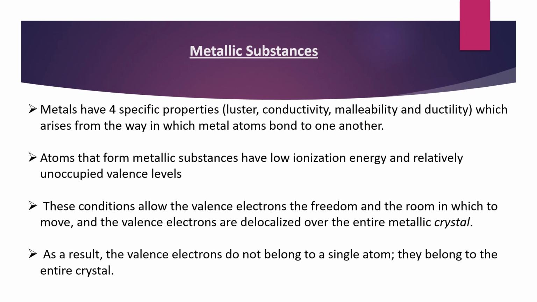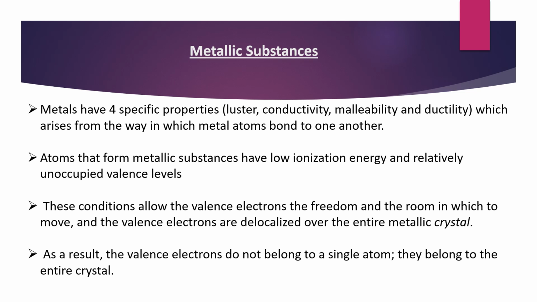Metallic substances. Metals have 4 specific properties: luster, which means shine, conductivity, malleability, and ductility, which arise from the way in which metal atoms bond to one another. Atoms that form metallic substances have low ionization energy and relatively unoccupied valence levels. These conditions allow the valence electrons the freedom and the room in which to move, and the valence electrons are delocalized over the entire metallic crystal.